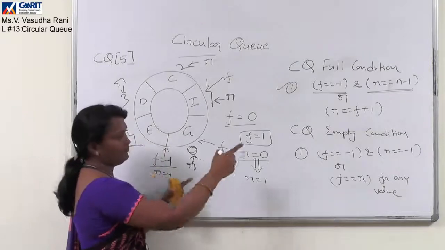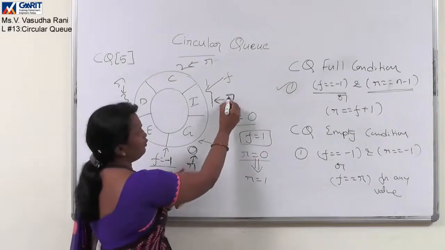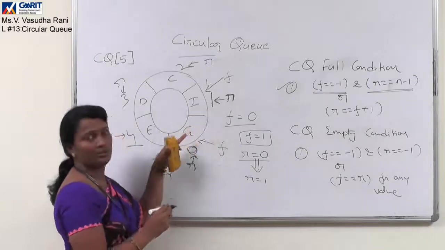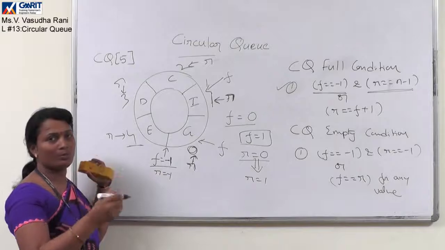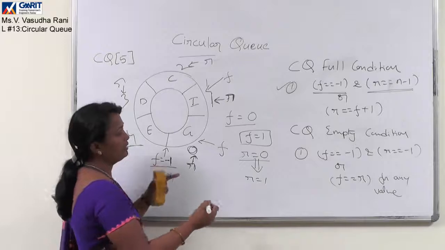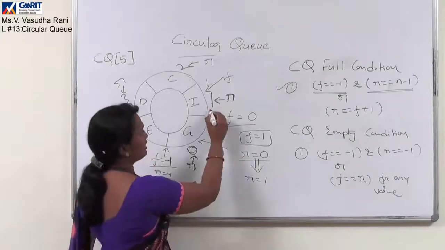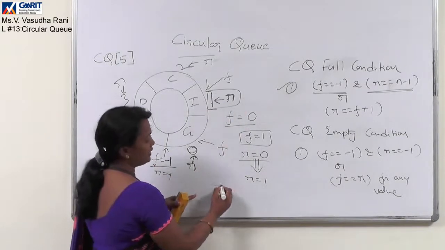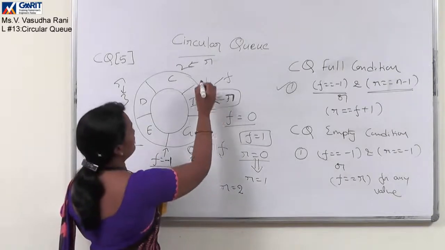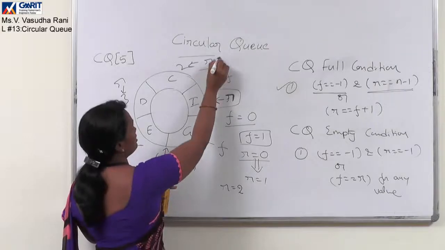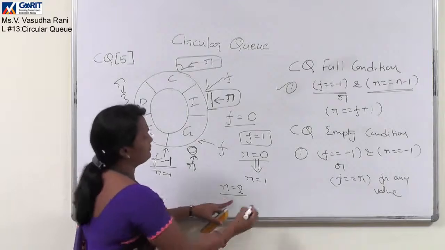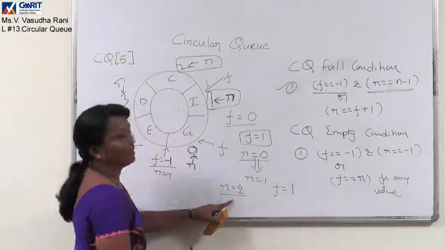But now if you try to perform another insertion, the initial thing we do while inserting is rear incrementation, right? So as the initial step, our rear is now 1, so if you go for rear incrementation, your rear will become 2, which is referring to this, and our front is 1.